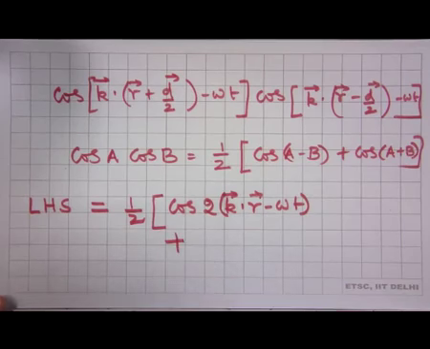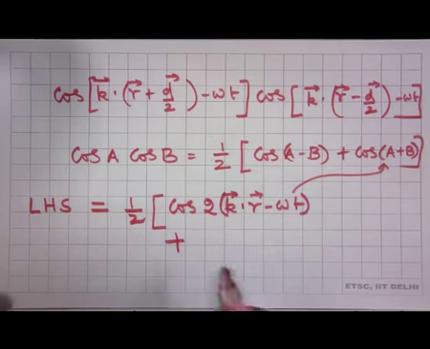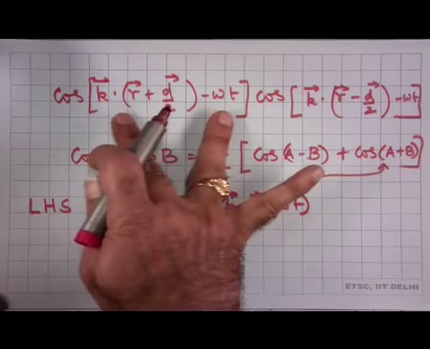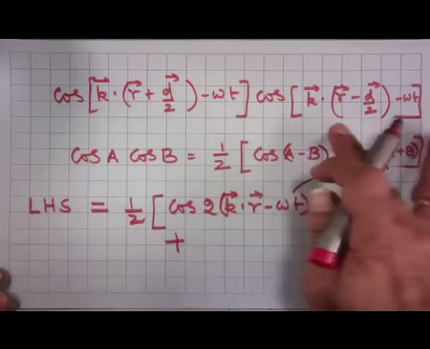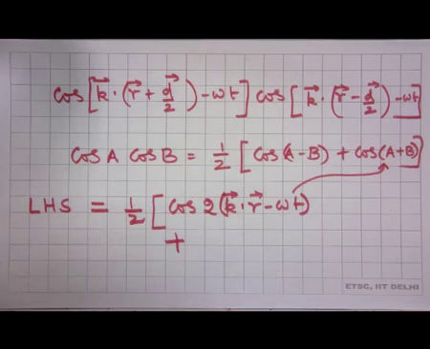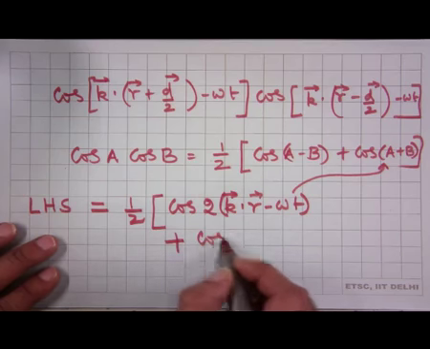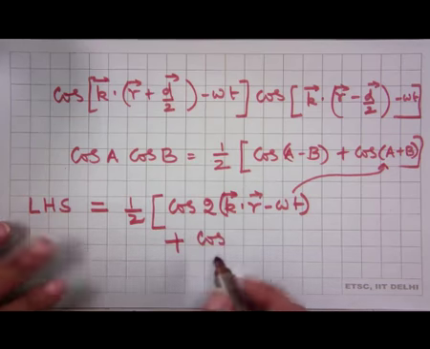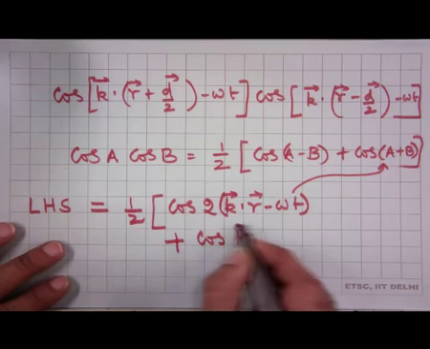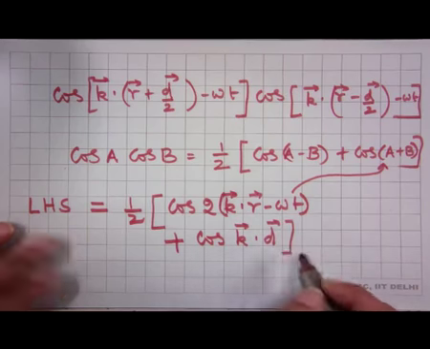The next term is important for us. When I subtract the two terms, k dot r minus omega t and k dot r minus omega t cancel each other. That means all spatial dependence will go away. That is something that we have to remember. So I get the neat expression cos of d by 2 plus d by 2, which is k dot d. This is what my expression is.